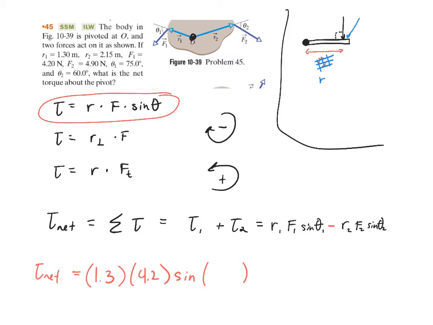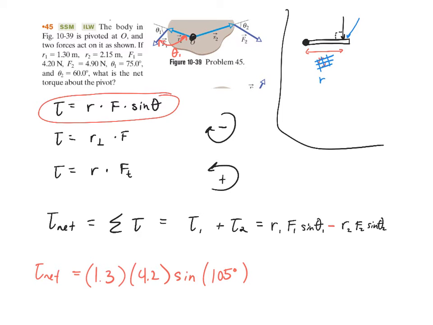In this problem, remember that this angle here is really the theta that we're using, but it doesn't matter because it's the sine. If it were cosine of 75 or cosine of 105, then it would matter. But because it's the sine value, we're not really concerned. I could use the 75 that's given in the diagram, but I'm going to use 105 to remind myself that theta is always the angle between R and F.